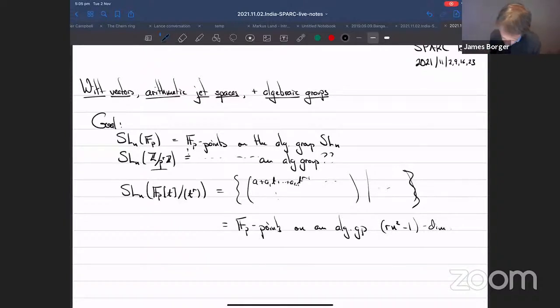We were successful here in that we have a finite group, and we can view it in a not very surprising way as the set of rational points, the F_p rational points, on an algebraic group, and we're hoping to do the same thing for SL_N of the integers modulo p^r. So this is our question up here. Maybe I'll put a Q for question, and then the answer is yes.